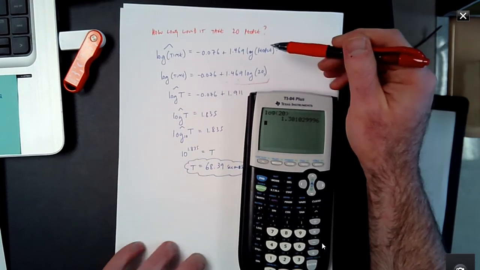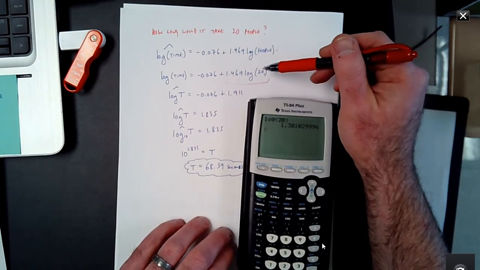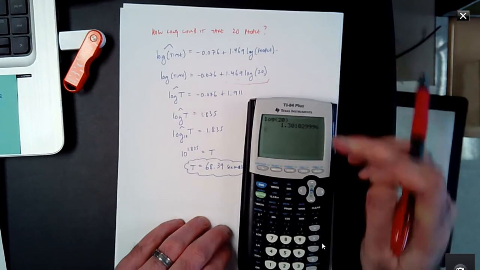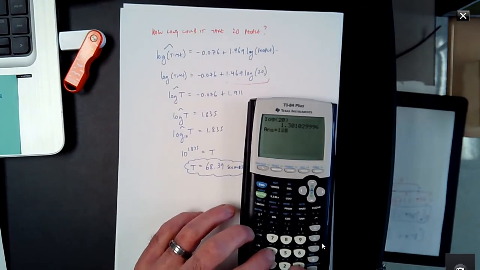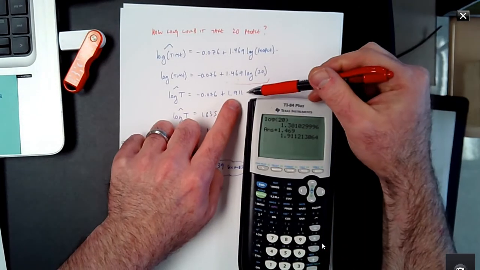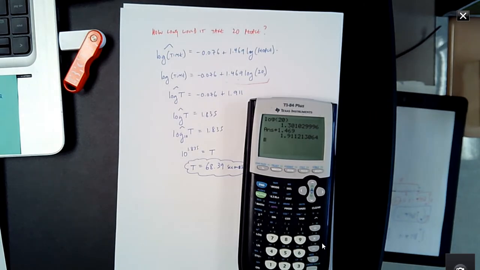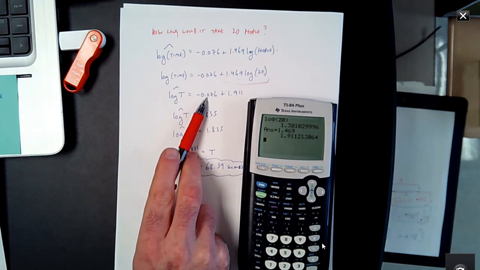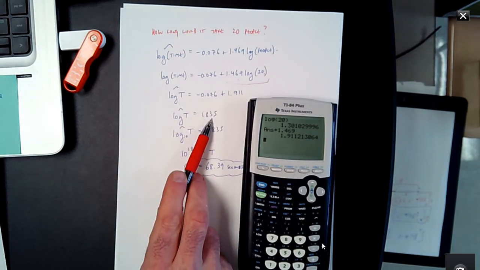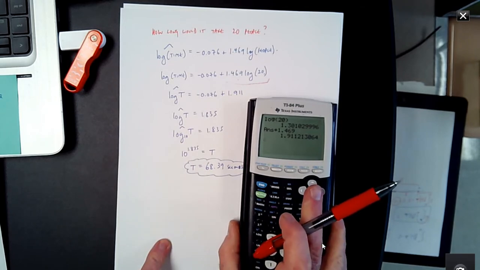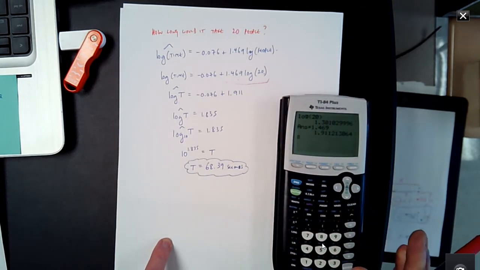And that gives you this part, and then you're going to multiply that by 1.469, and that'll give you that 1.911 that we have there. So add it to the negative 0.076, you get this 1.835.